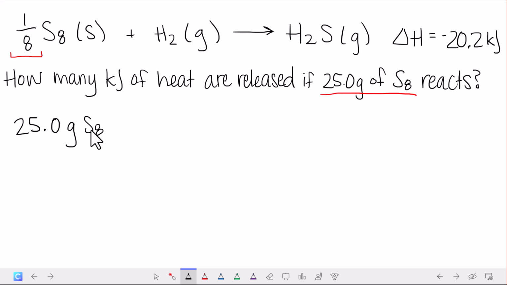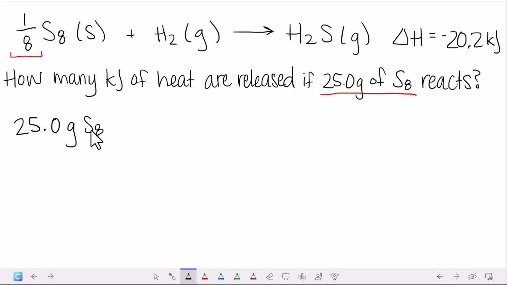So if we take the molar mass of elemental sulfur, S8, we need to take the atomic mass units provided on the periodic table and multiply that by 8, because the molar mass that's provided on the periodic table is for 1 atom of sulfur, or 1 mole of sulfur. But sulfur in its elemental form actually occurs as a molecule of 8 sulfur atoms.